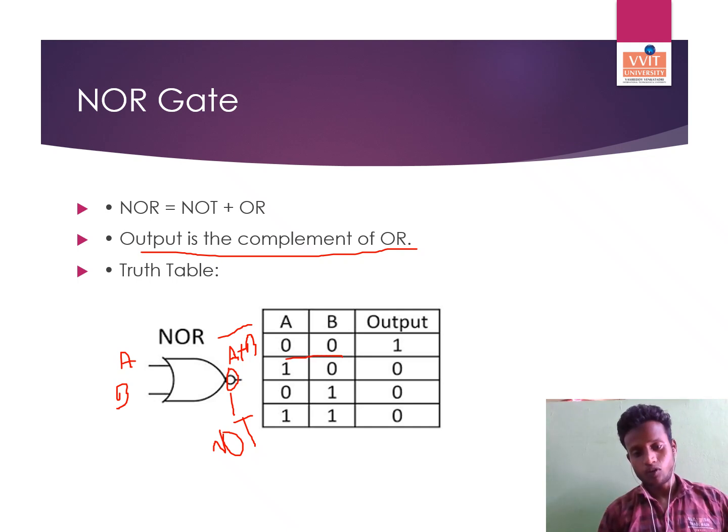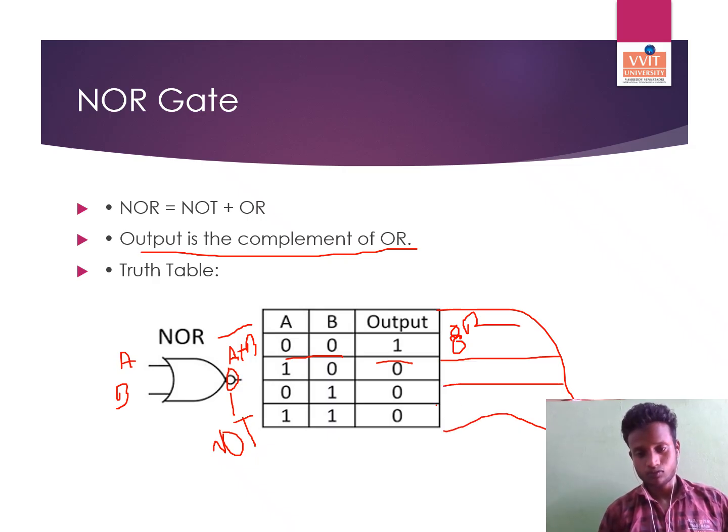If 0 and 0, the output is 1. In the OR gate, how much is the output? 0 plus 0, 0 in the OR gate. If the OR gate input is 1 plus 0, how much? 1.